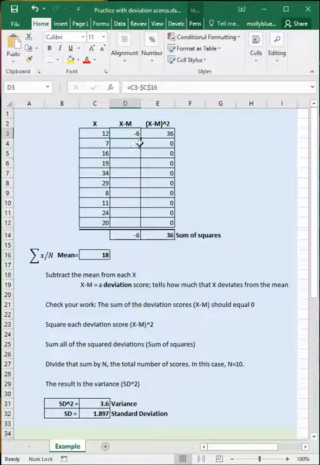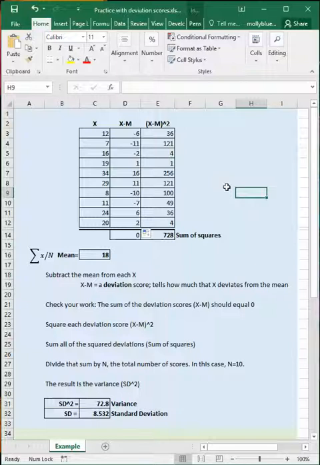Let me try again. Pull that down. There we go. Now I've got the cells. Each one of them is listing how much this score deviates from the mean. 16 minus the mean leaves -2, etc., all the way down.